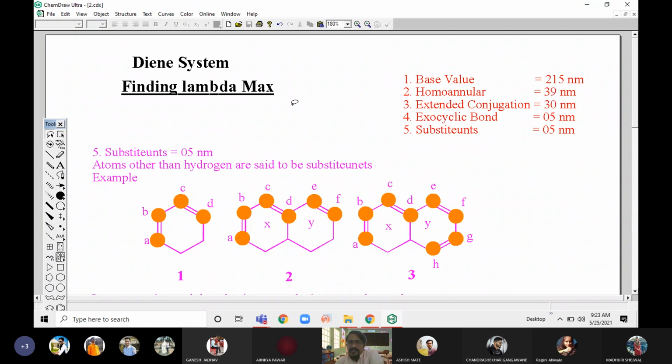Okay, so I'll briefly explain all the 5 points again. For the base value, there is no option, you have to add 215 nanometer for a 6-membered heterocyclic, 6-membered diene system. For 5-membered and other ring sizes or open chain systems, we will discuss that later on.